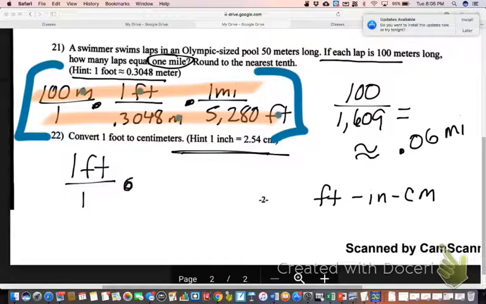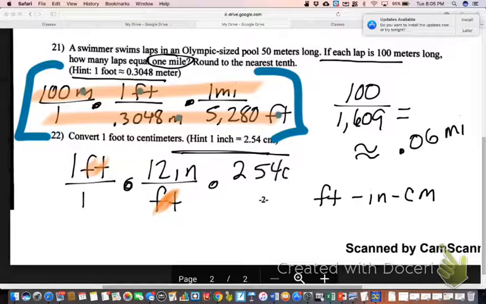So from feet to inches, there are 12 inches in 1 foot, and I set up my feet so that they're diagonal from each other so that they'll cancel. Then I'm going to use that conversion factor I was given in the problem, which is 2.54 centimeters in 1 inch. Again, I set these up diagonally so that they're across from each other.